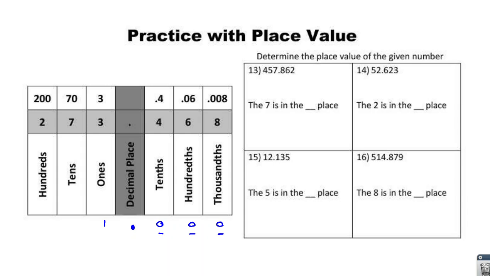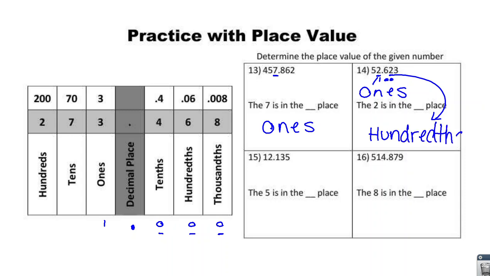So if we look at number 13, the 7 is in the ones place. The 2, there's actually 2 of them. The first 2 is in the ones, and the second 2 is in the hundredths.